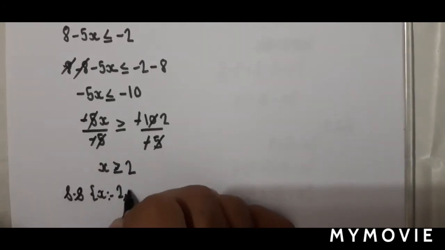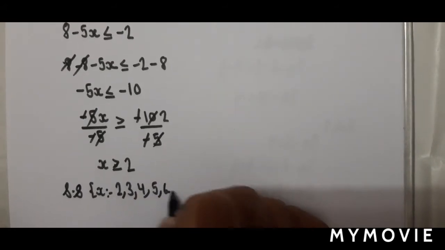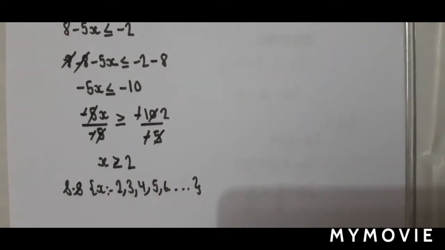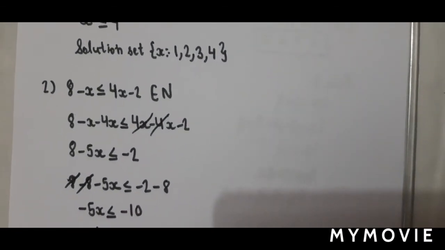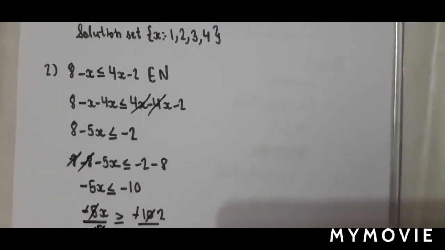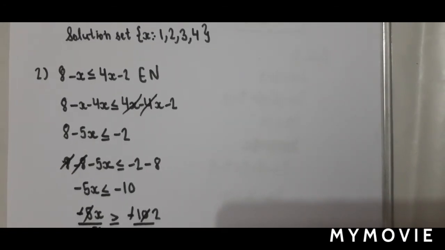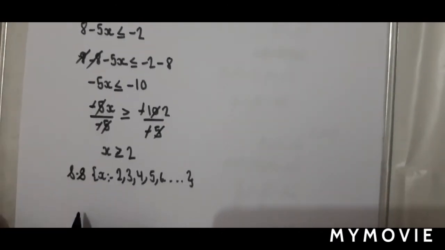Then x is greater than 2, so 3, 4, 5, 6 and so on till infinity. You know that for linear inequations, the values of x will not be specific, there will be many values for x. So now let's represent this on the number line.